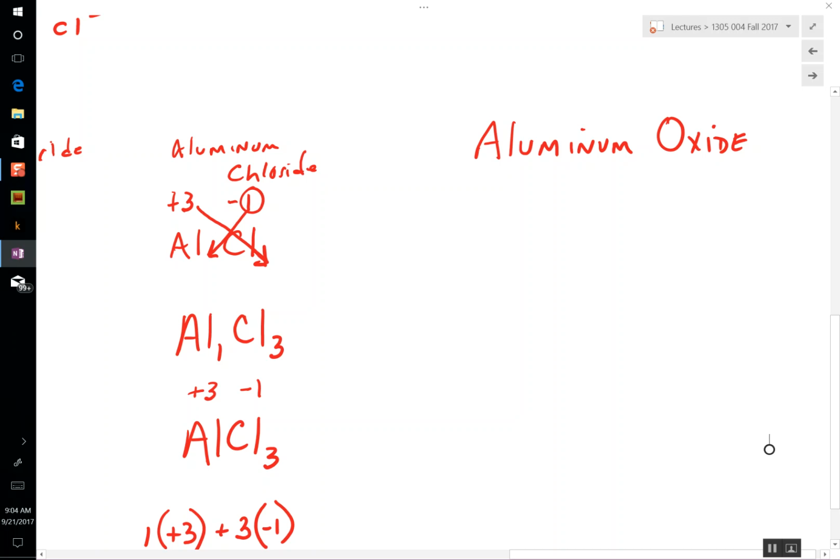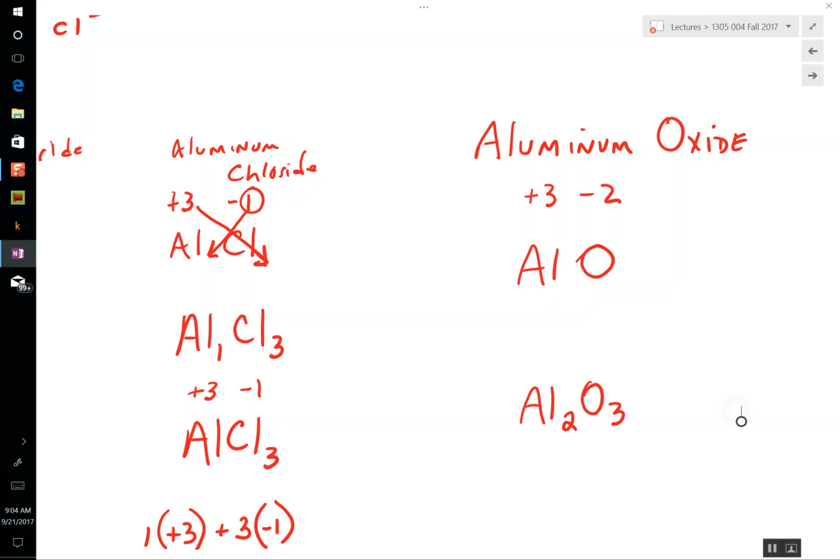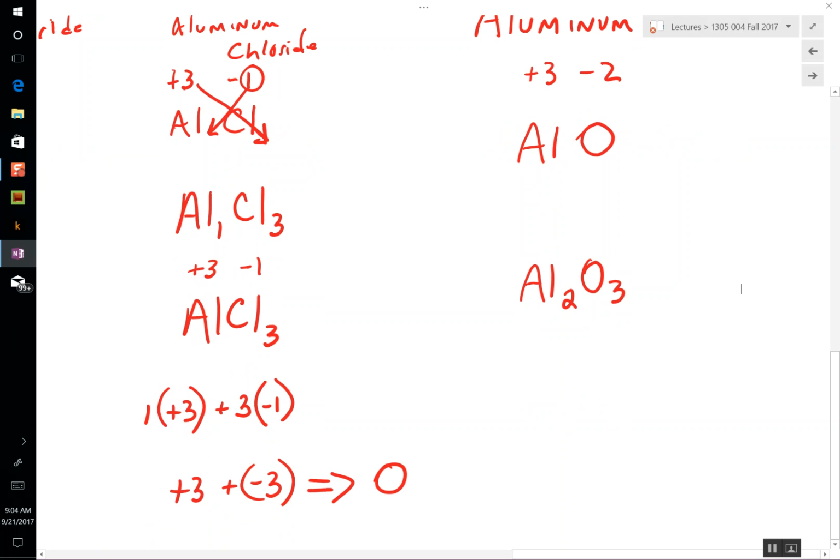You get the symbols, right? What are the symbols? Al and O. What are the charges on each one of those? All right, and so what is the formula? Al2O3. That's aluminum oxide.